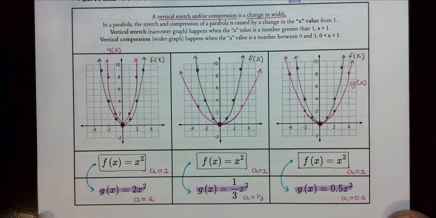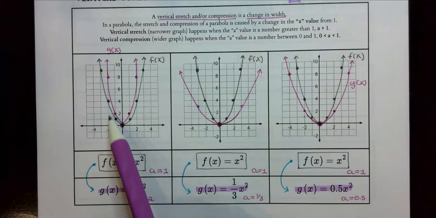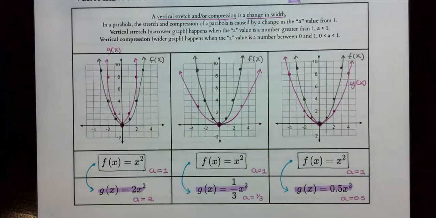So let's look at our first examples. Like I said, if you already have these graphs, let's go ahead and talk about them. Our original parent function is this one right here in gray. Our a value is the understood one. It's a positive 1, that's why it opens upward, and the width is going to be 1. And if you look at our g of x, notice that it went from having an understood 1 to a positive 2.